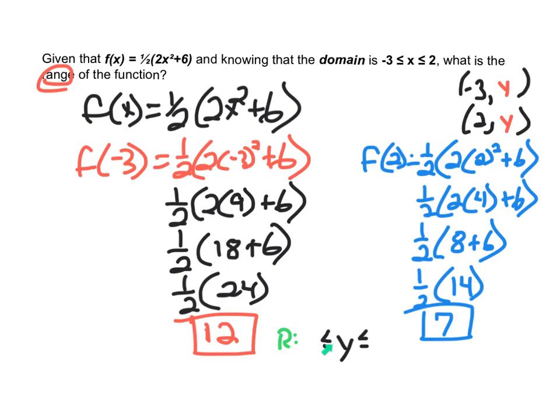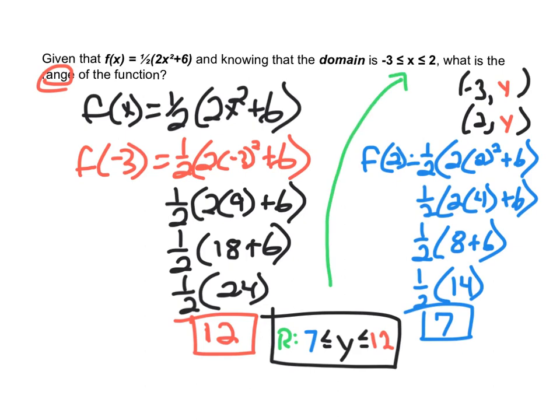I know it's less than or equal to here because it was that way with the domain, so it can't really change. All right, and then we have a 7 and a 12. So we're going to go with our 7 and our 12. And that would be the range that goes with this domain. All right, and that will be our last example.